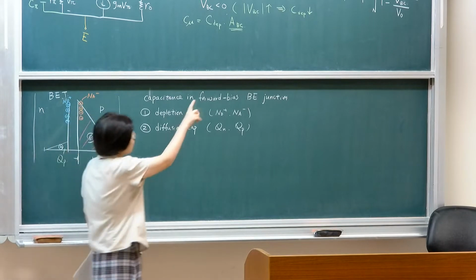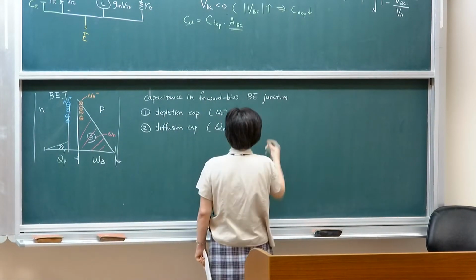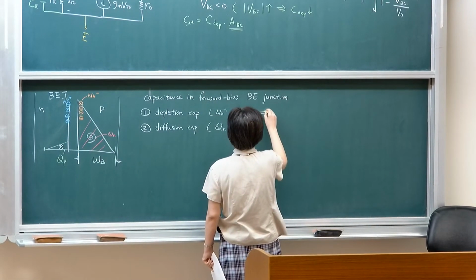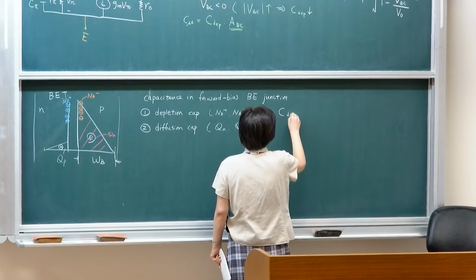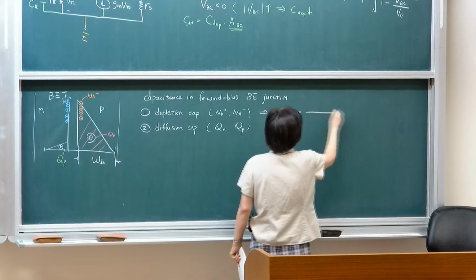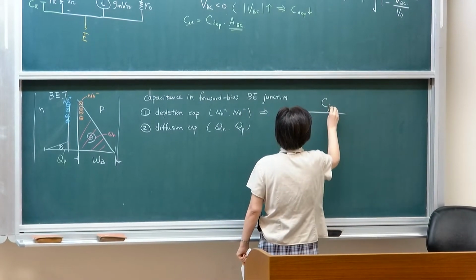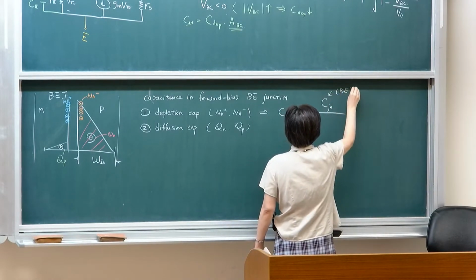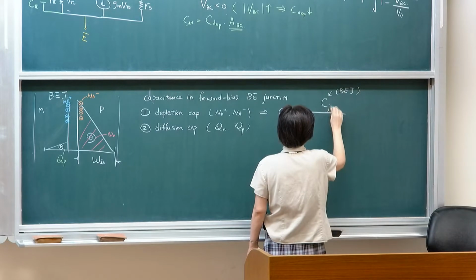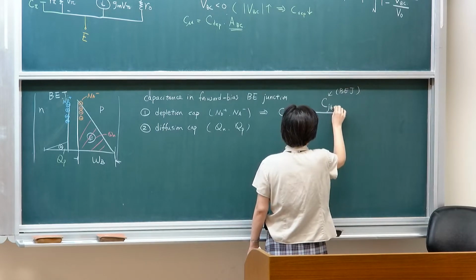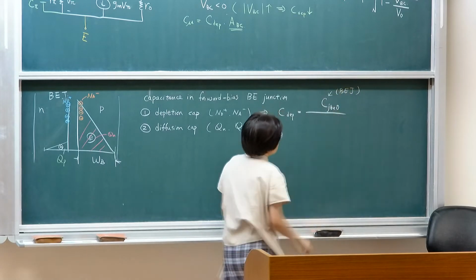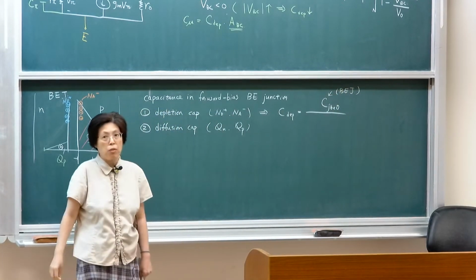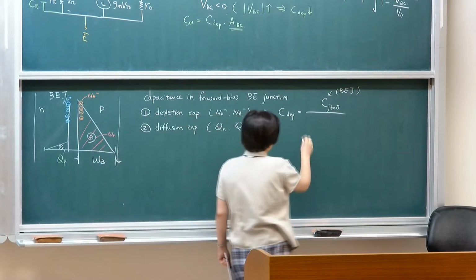So depletion capacitance will actually follow the same equation. The unit area depletion capacitance here will then be another junction capacitance at 0. This will be a different parameter based on the BE junction. So to be precise, this should be CjBE0, and that will be CjBC0. They should be two different parameters.